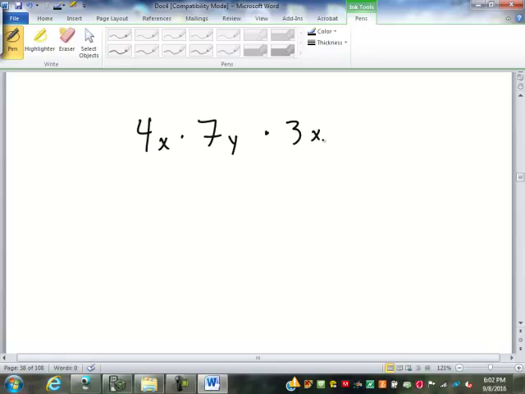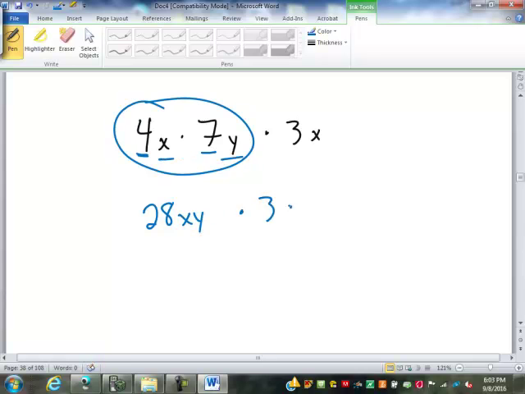I could have something like this, where I have 3 numbers multiplied together. When I do that, I have to multiply them 2 at a time. 4x times 7y. I'm going to combine the counts, just like always. 4 times 7 is 28. X times y, xy.